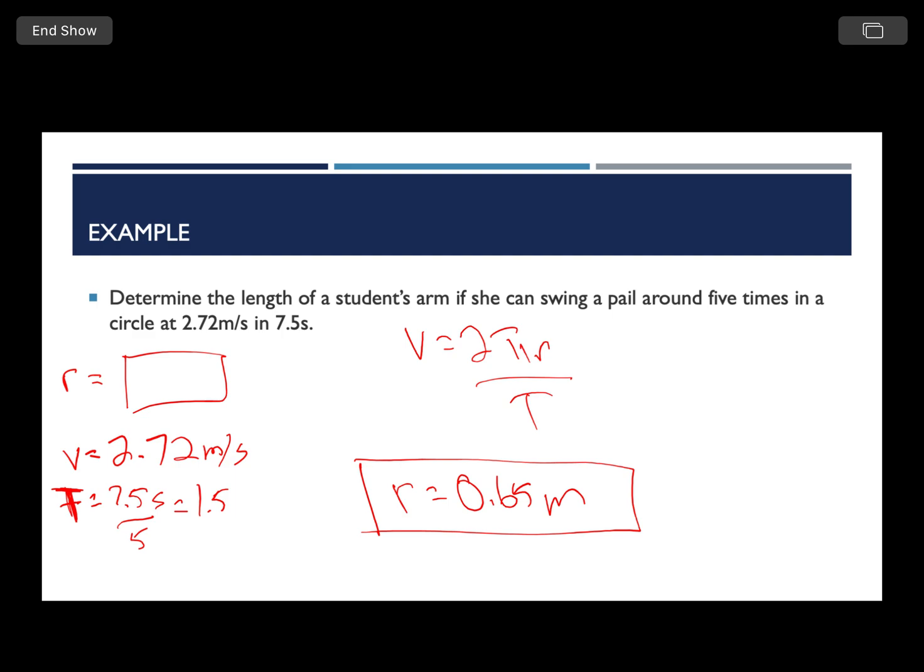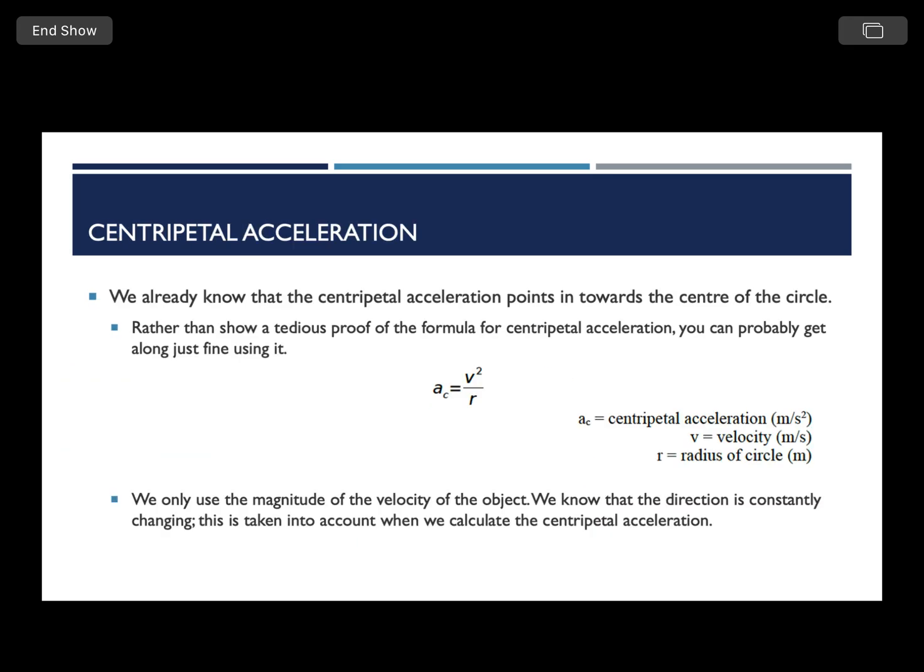Okay, that's all well and good, but we progress beyond just describing the speed. We know that there is some acceleration, so we should be able to describe that as well. So let's describe that. We already know that centripetal acceleration points towards the center. And there's a whole big long proof, but because we're just doing this online, I'm going to simplify this like so.